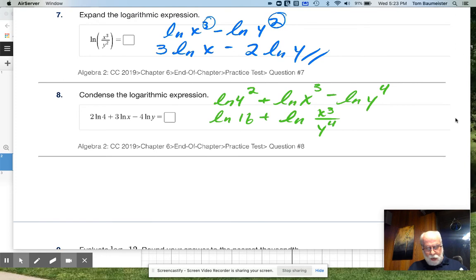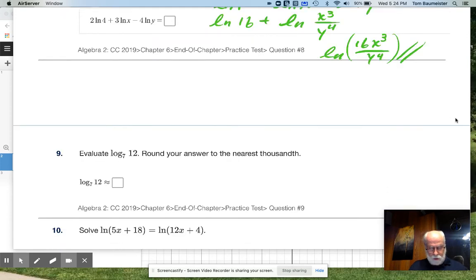Okay? And now remember, the plus means I'm going to multiply. So on the top one there, I'm going to multiply the 16x cubed. And then I'm going to leave y to the 4th on the bottom. And you should put that in parentheses. And that's that one.